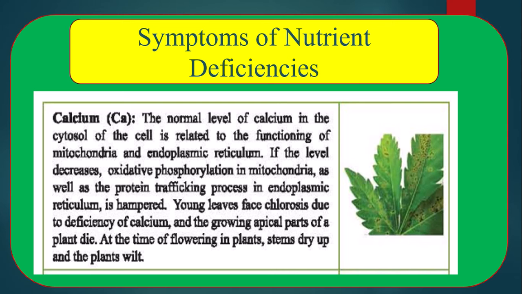Young leaves face chlorosis due to deficiency of calcium and the growing apical parts of a plant die. Look at the leaf. This type of symptoms shows the effect of calcium deficiency in a plant.